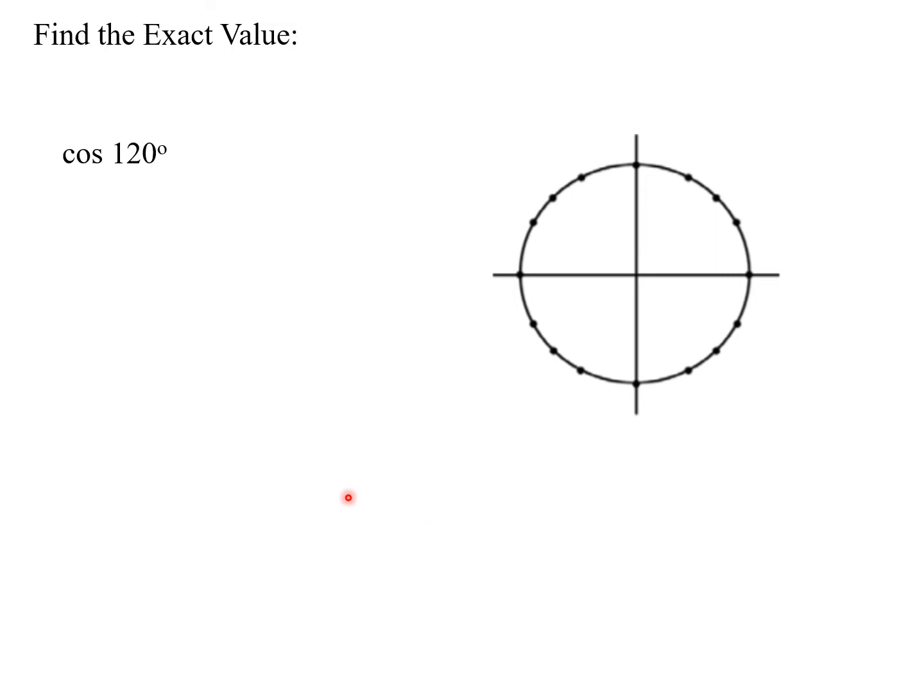All right, now let's apply this to find the exact value of the cosine of 120. Where's 120 degrees? It's right here. And note this point on the unit circle: if we draw in our triangle with our reference angle of 60 degrees, and apply what we saw a couple slides ago, we can see that the ordered pair for this point is negative 1/2, because it's a negative x-coordinate, and a positive √3/2.